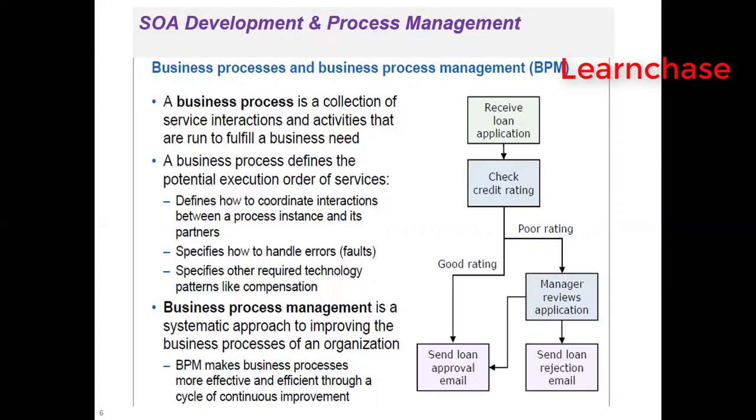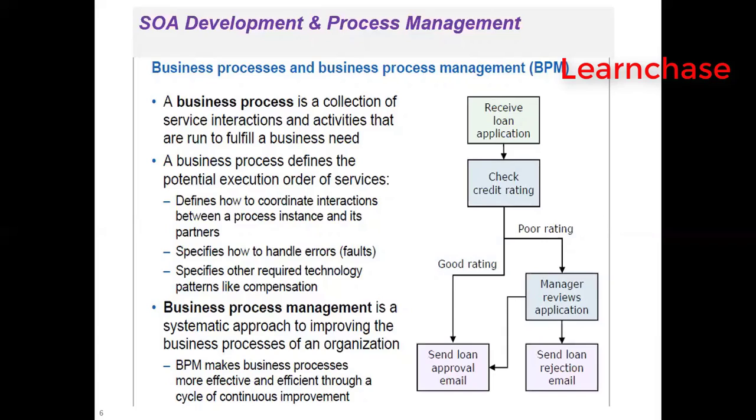We are just trying to understand what BPEL is, and then we'll come to how SOA development fits into it. In a business process, there might be a number of different interaction steps where we need to interact with different systems. The second step in the diagram is check credit rating, right?